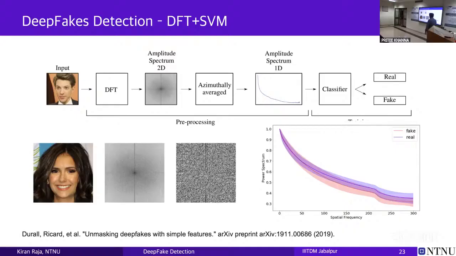And then once I have the spectrum, I can say if it is a real or a fake image. Right? So on the bottom side, you see how the spectrum of the images changes. And here you see that the threshold of the real ones is much higher as compared to the threshold of the fake ones. The fake ones are generally lower in the spatial frequency.